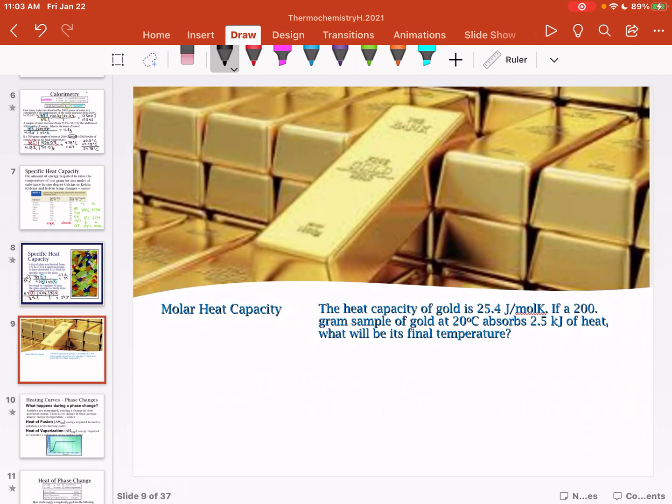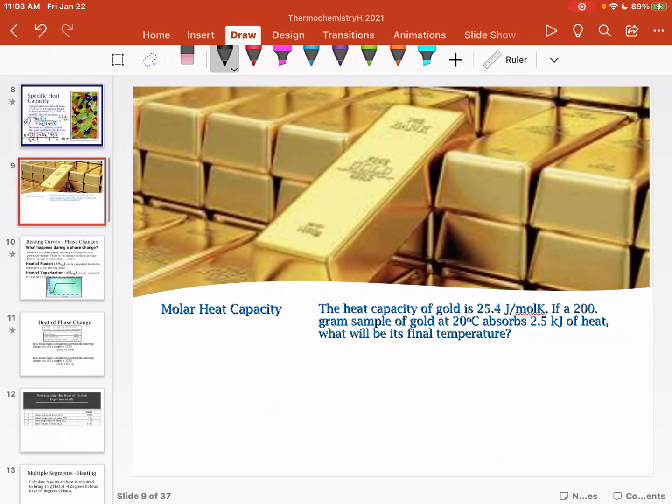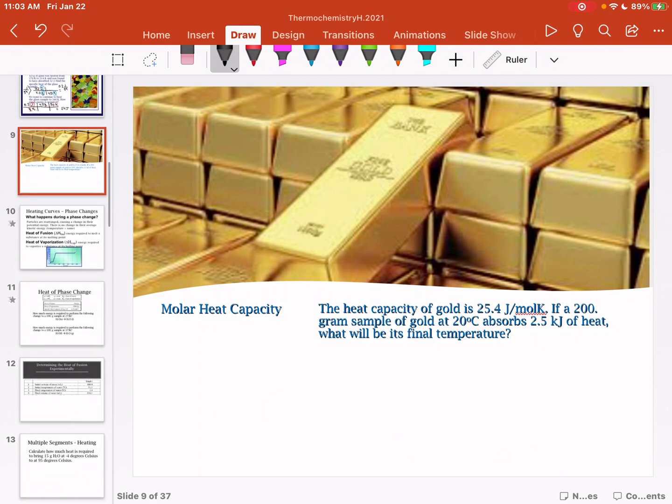So let's take a look at a molar heat capacity example, since I promised you that's a thing. And we can see that I've got gold this time. How awesome is that? And we're given the fact that it's 25.4 J/mol·K. I've got 200 grams at 20 degrees, and I want to know its final temperature. So when I consider J/mol·K, I need final temperature, so it's definitely the Kelvin that I'm going to be interested in.